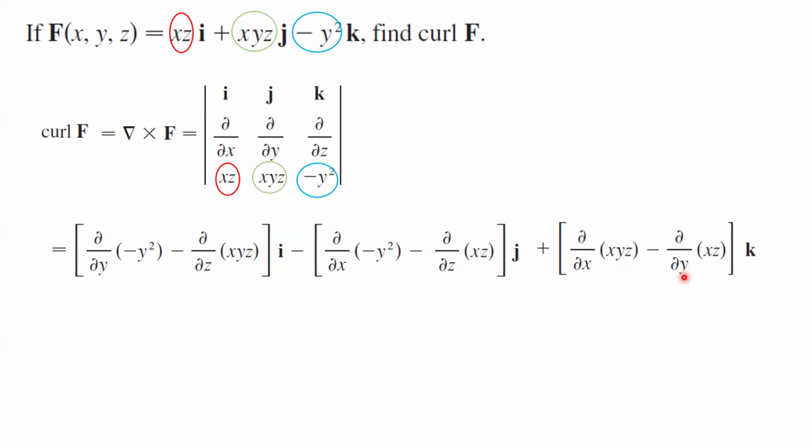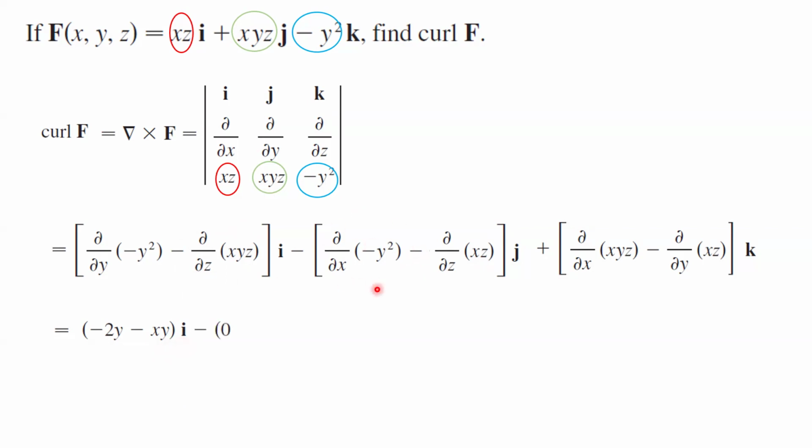Very good. But this is equal to the partial derivative of negative y squared with respect to y, which is negative 2y, minus the partial derivative of xyz with respect to z, which is xy. You're going to add i, showing the direction of x-axis, minus.